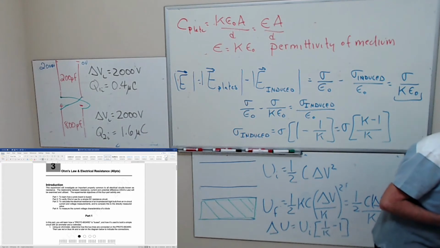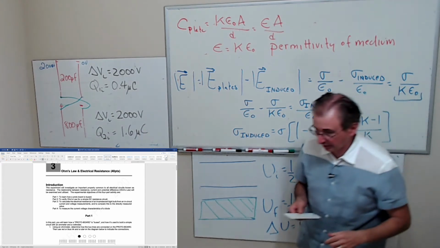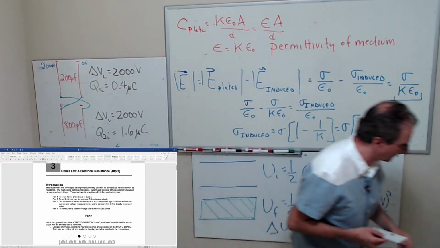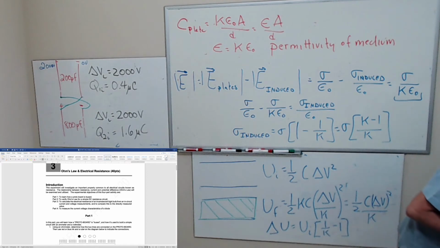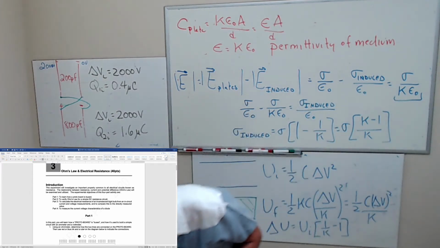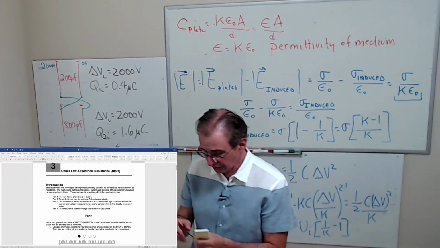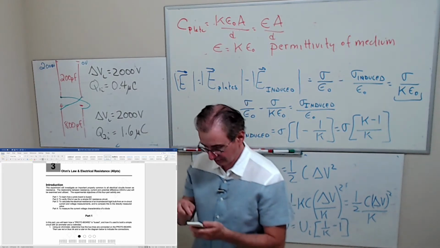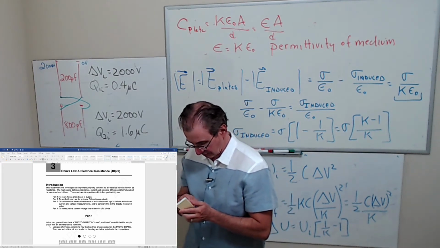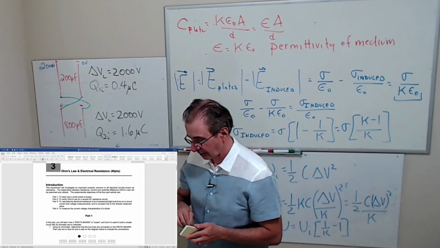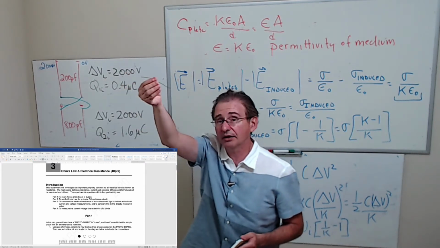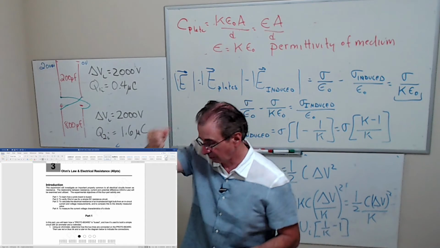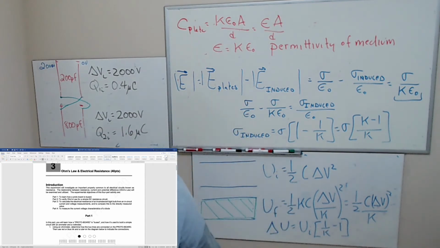If you use a multimeter, and I'm missing a wire, hold on a second. Somehow my wires disappeared. Oh, here. So if you're using a multimeter and you measure resistance, if I were to measure the resistance of this wire, what do you think the multimeter would tell me?